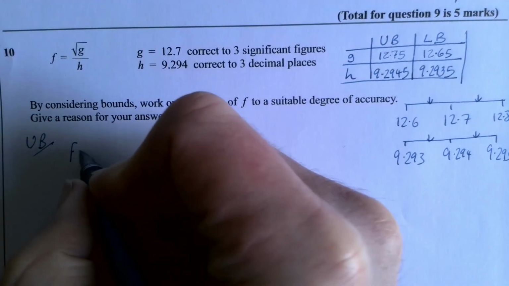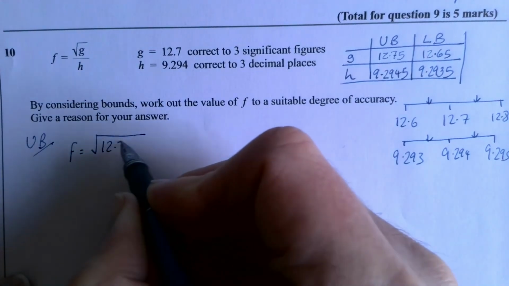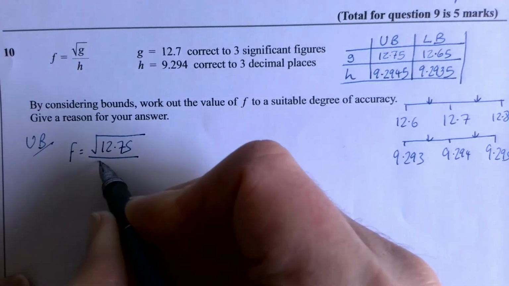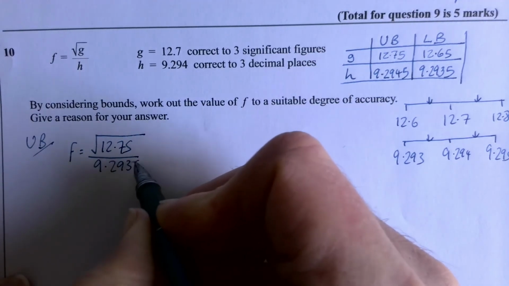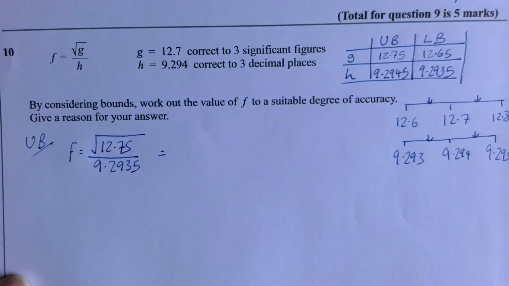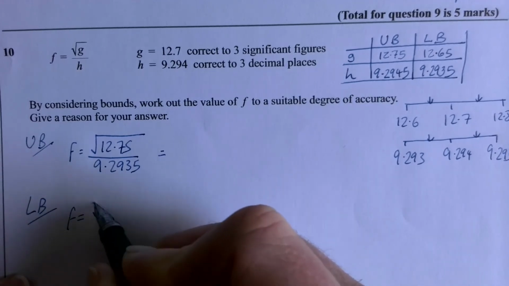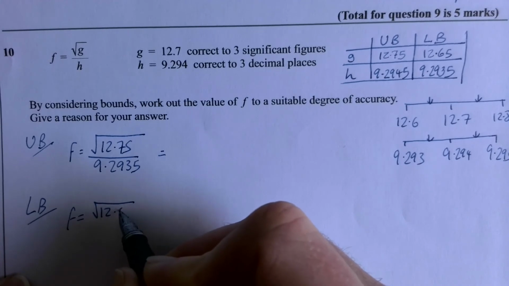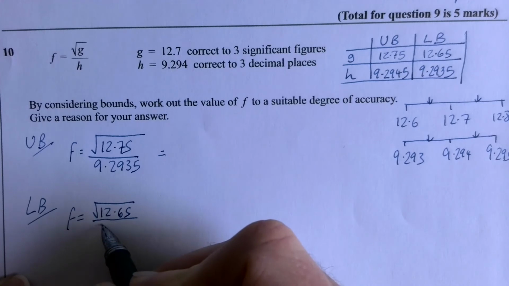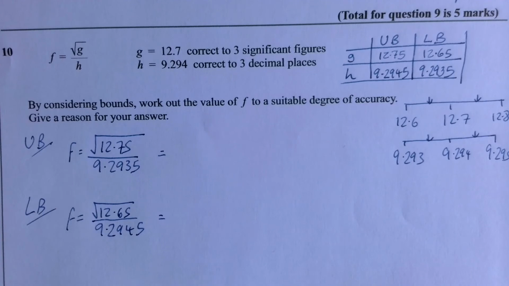So f will be the square root of the upper bound, 12.75, divided by the lower bound, which is 9.2935, and then which will give us whatever it gives us, and our lower bound f will be the square root of the smaller value we could have, root of 12.65, divided by the biggest that we could have there, 9.2945. Again, these are going to give us answers pretty similar.